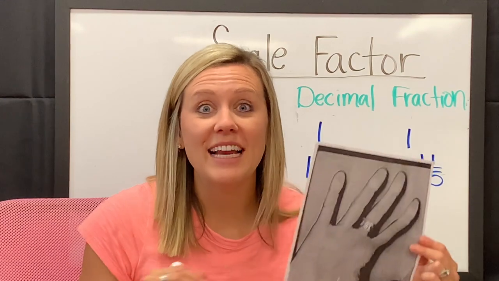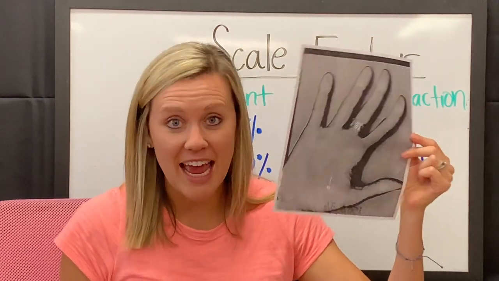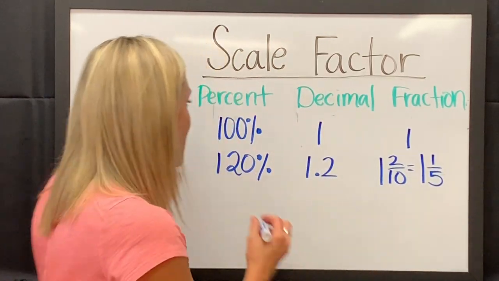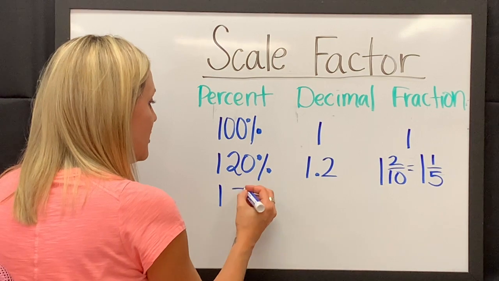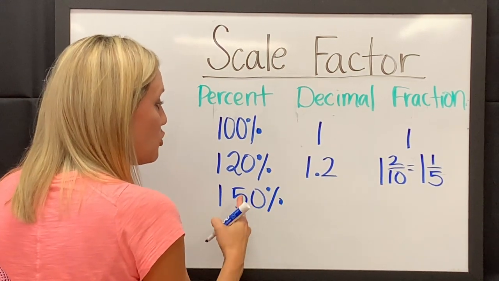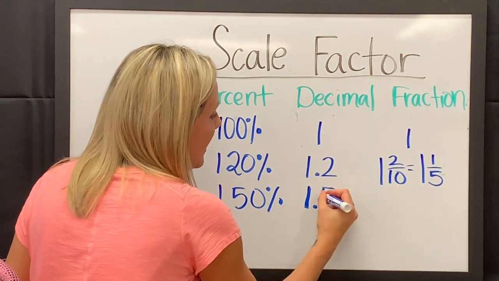This time, I decided to dilate my hand 150%, and this is what I got. That would be my scale factor as a percentage, 150%. If I move my decimal twice, I would get 1.5.